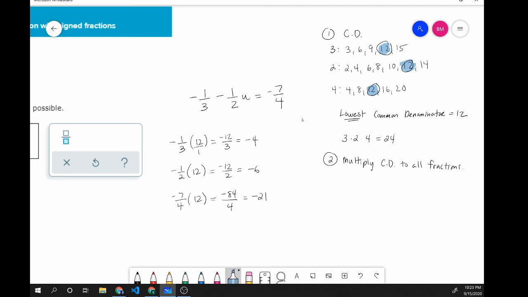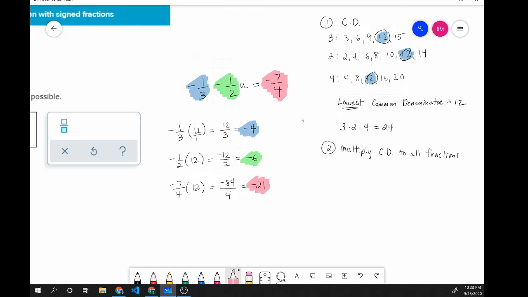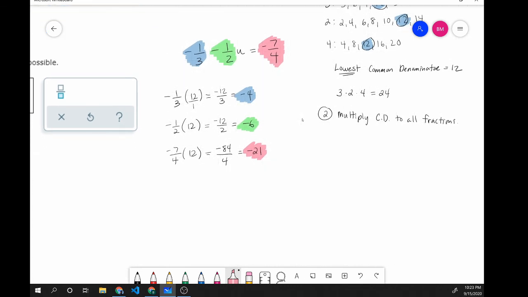So again, these go right in place of the old number. So the 1/3 becomes -4. The -1/2 becomes -6. And the -7/4 becomes -21. And this is because we're going to multiply through by our common denominator. So the math we're actually doing is 12 times that right there.